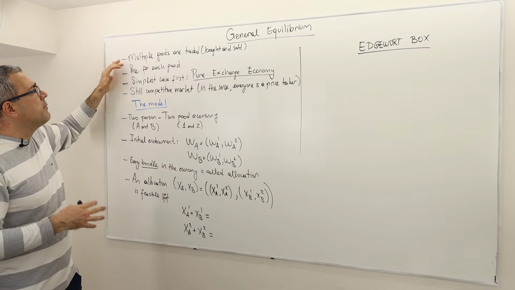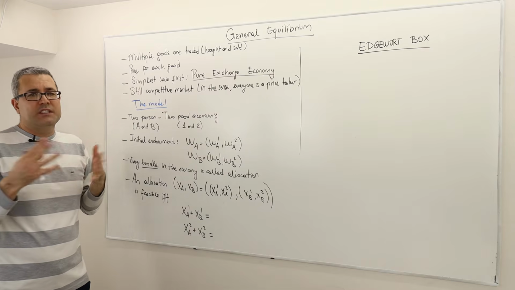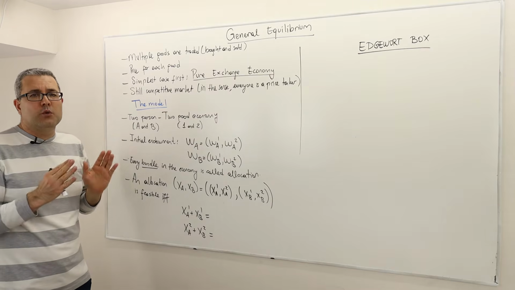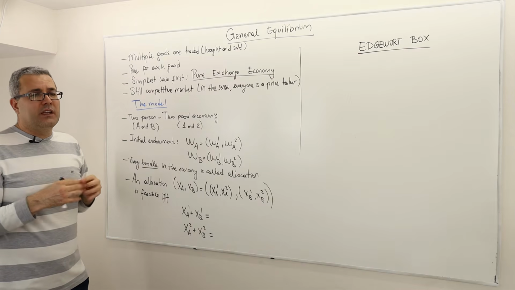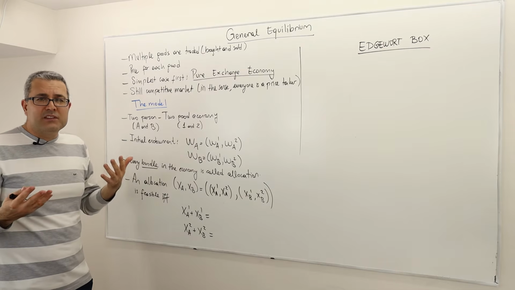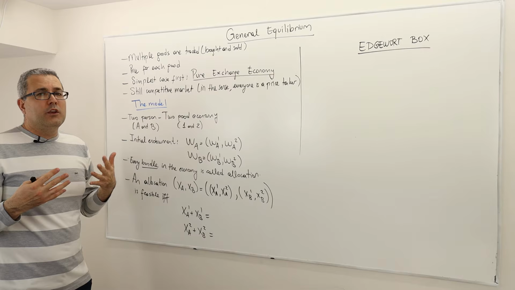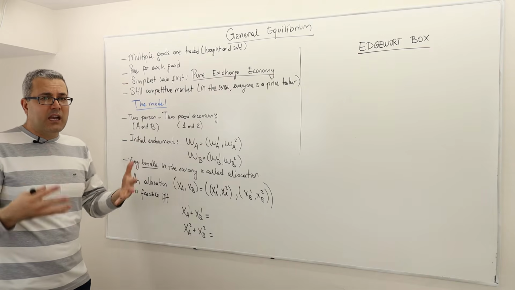As I said, there are going to be multiple goods, but for most of our discussions, two goods is perfectly enough. So we're going to focus on a two good scenario. And again, for simplicity, obviously we're looking at a perfectly competitive market. So many buyers, many sellers, but the many buyers and many sellers case is highly technical and complicated.